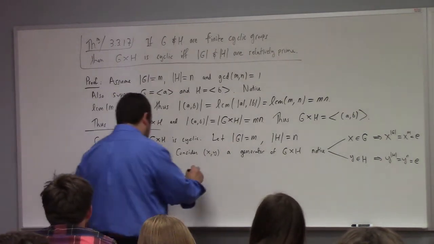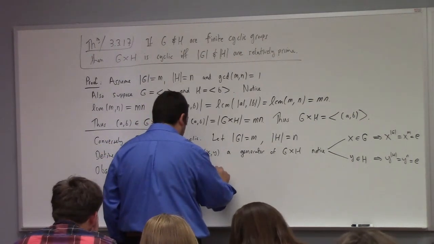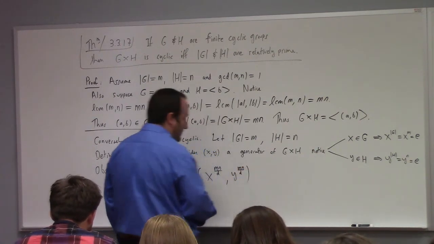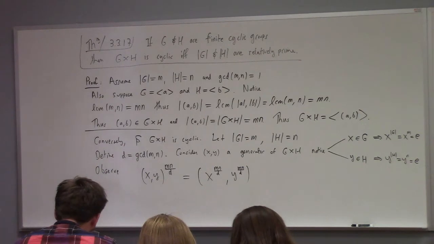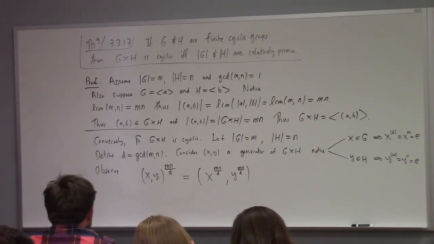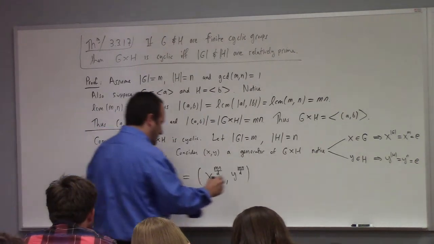So this is x to the mn over d, comma y to the mn over d, by the rules of how we do powers in the direct product group. It's the Cartesian product of the powers. And then you just look at this different ways, right?